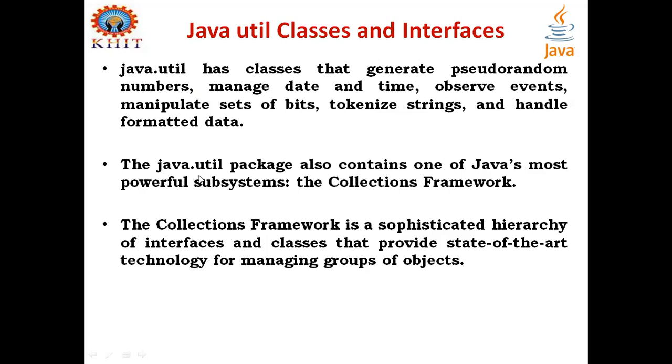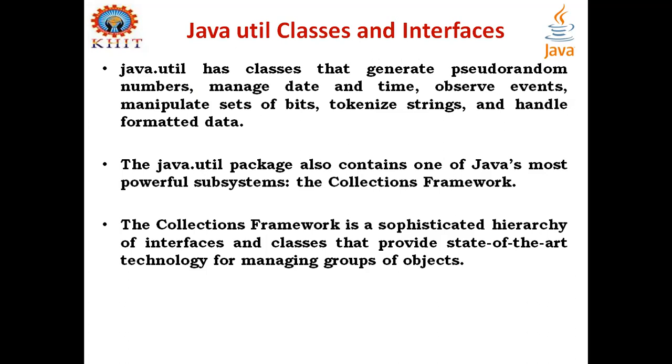Coming to the java.util package, it also contains one of Java's most powerful subsystems, the collections framework. In Java, these features were added for real-time applications to work with data organization, that is, a structure for data.